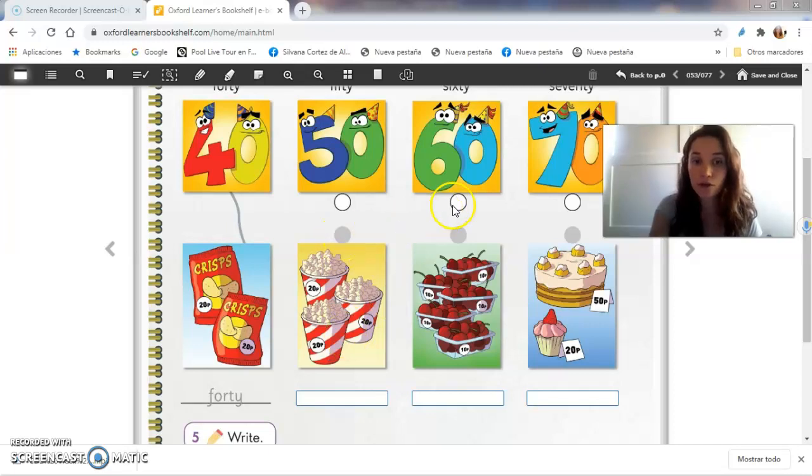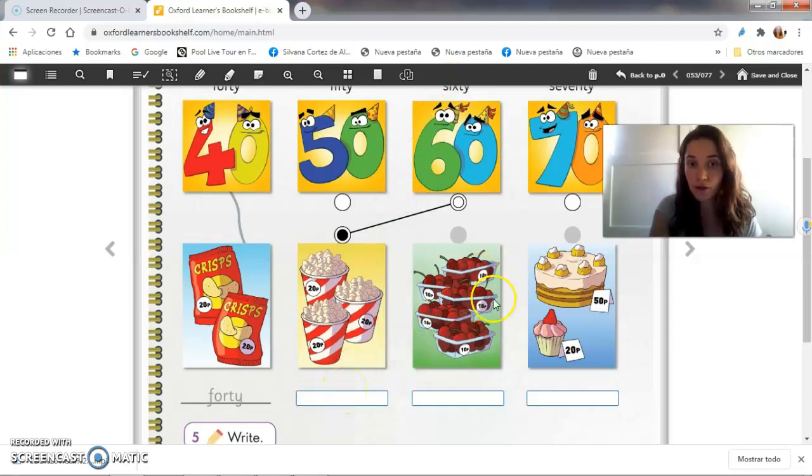So you match, van a unir. Okay, and here you write the word. Y acá van a escribir la palabra 60.